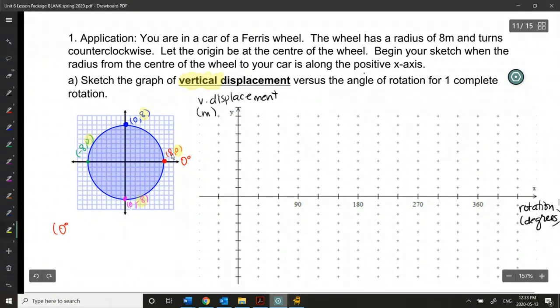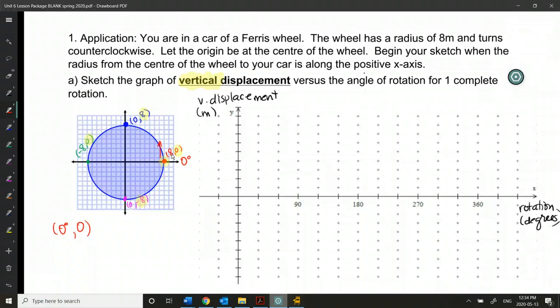If this is our start here, the vertical displacement of the cart of my Ferris wheel is above, below, or equal to the center. What is it? Well, it's actually 0 meters above or below the center. It's actually equal to the center here. And I know that as well because my y coordinate here is what tells me about my vertical displacement. It's actually 0.